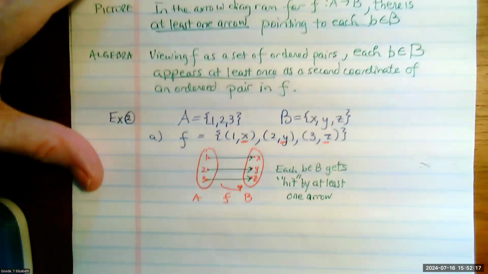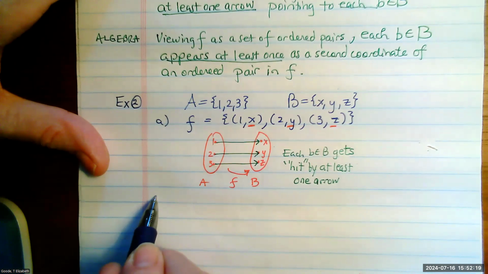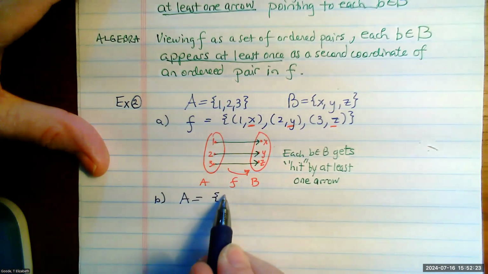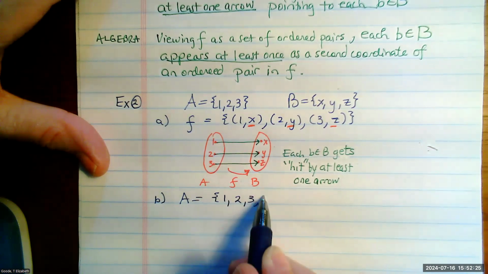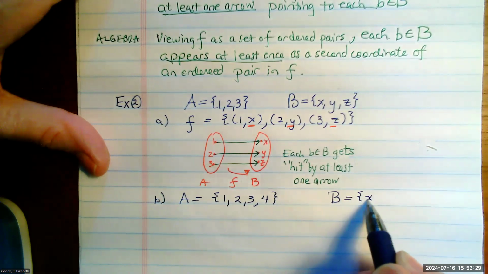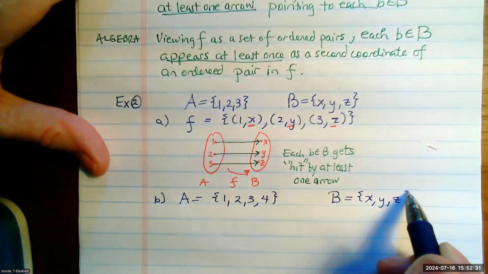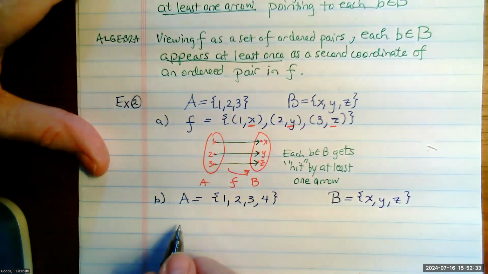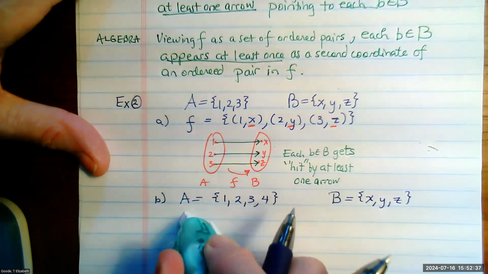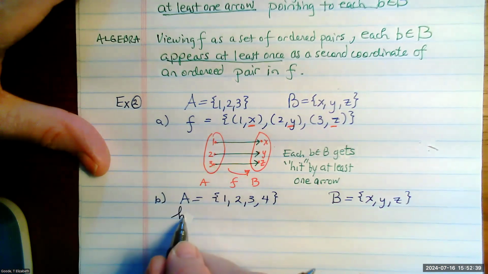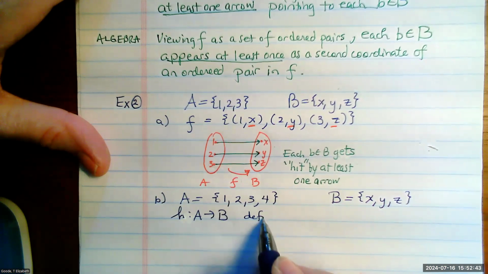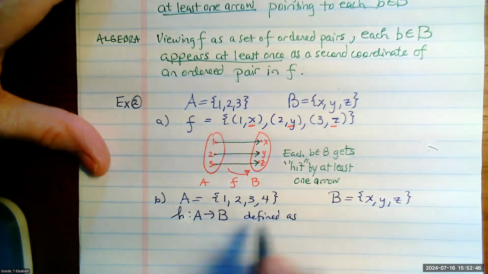Now I want to do a different example here. I'm going to let A be the set containing 1, 2, 3, and 4, and B can still be the set containing X, Y, and Z. And I'm going to define H from A to B like this.